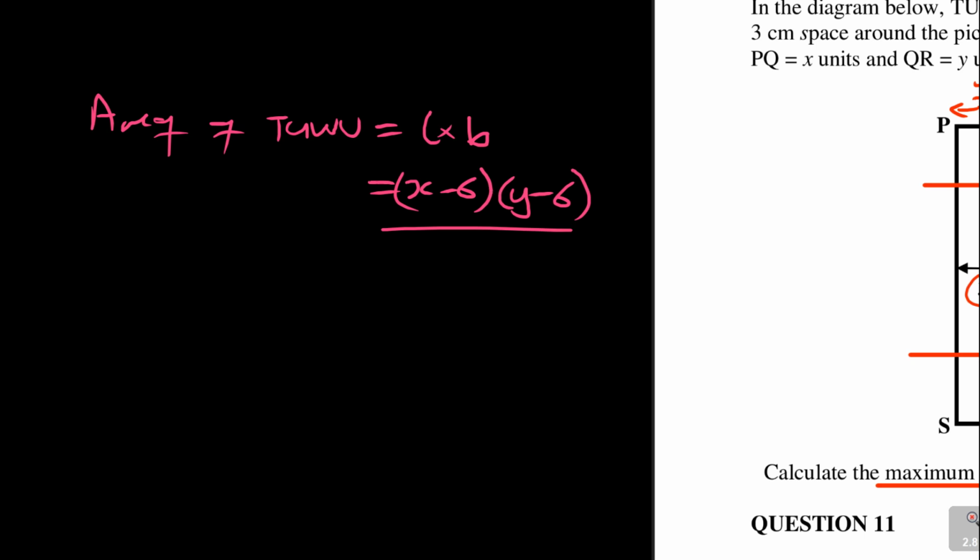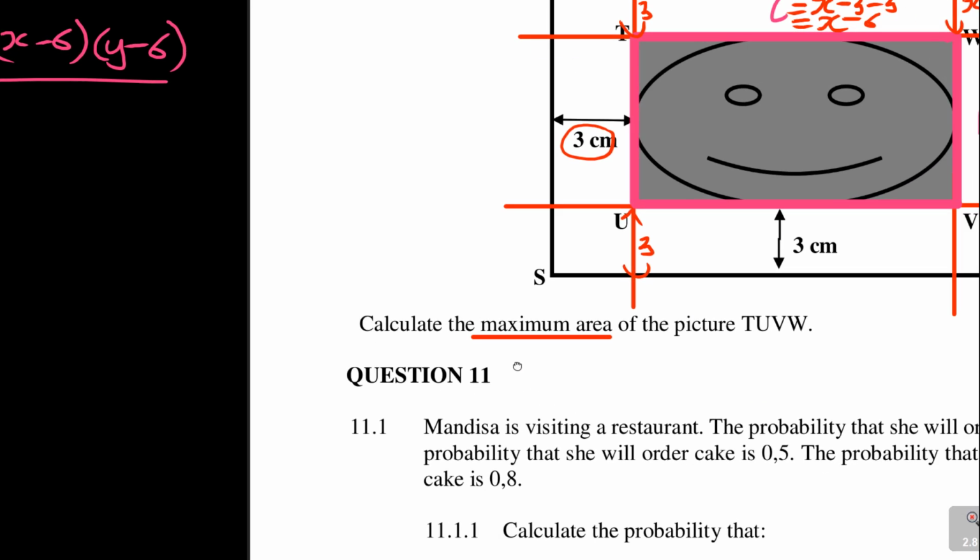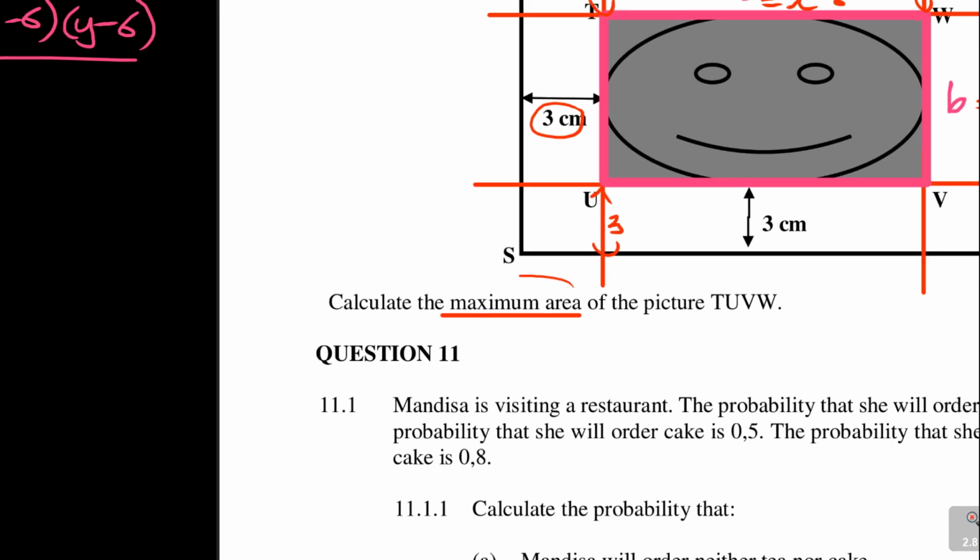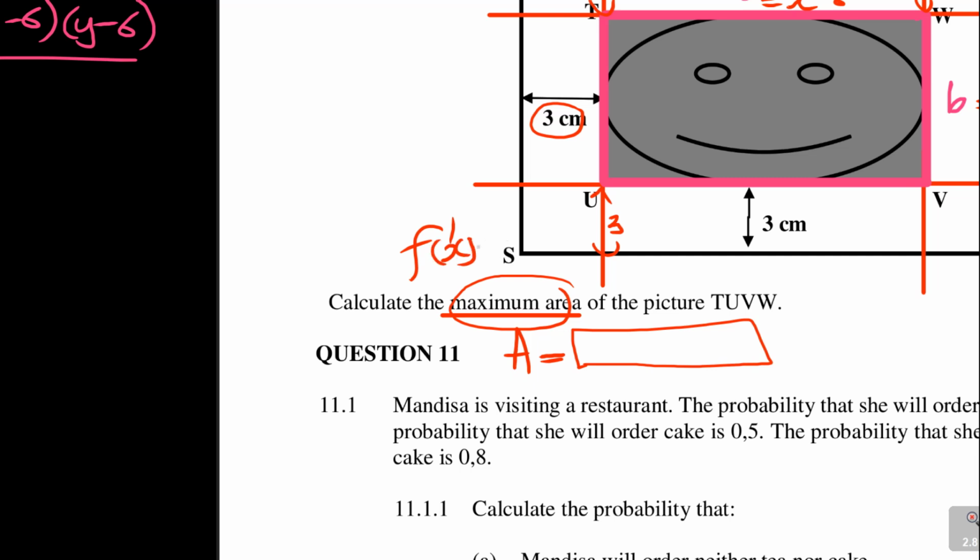Now, the aim of this whole question, if they say calculate the maximum area, now remember you'll have area is equal to whatever you have here, and for the maximum, remember it's calculus, f prime x, whatever you're dealing with. So in this case, since we have x, we're going to call it dA over dx.